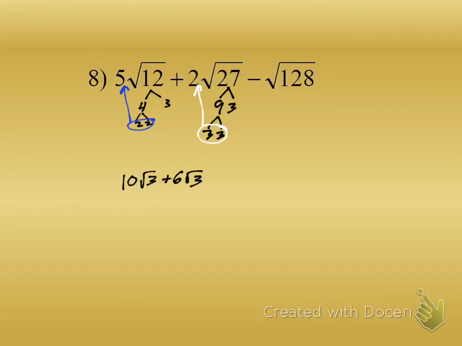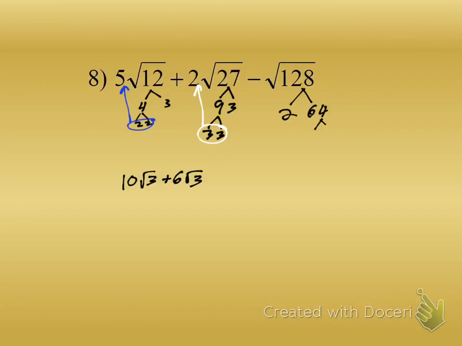All right. 128 goes how? 8 rad 2. What's your factor tree? 2 and 64.